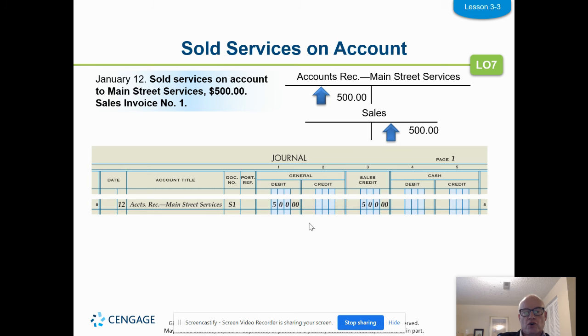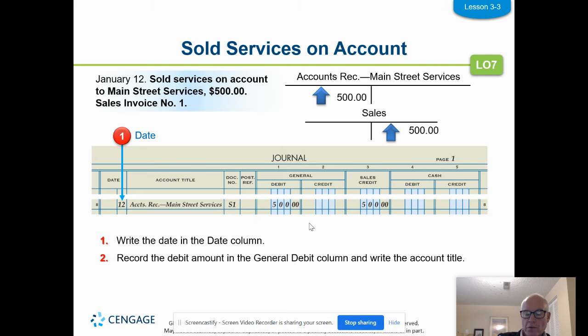On the multi-column journal, we enter the date, the 12th. Again, the goal is for your multi-column journal to be chronological in date order. We record the debit in the general debit column, accounts receivable, increasing the asset, Main Street Services.